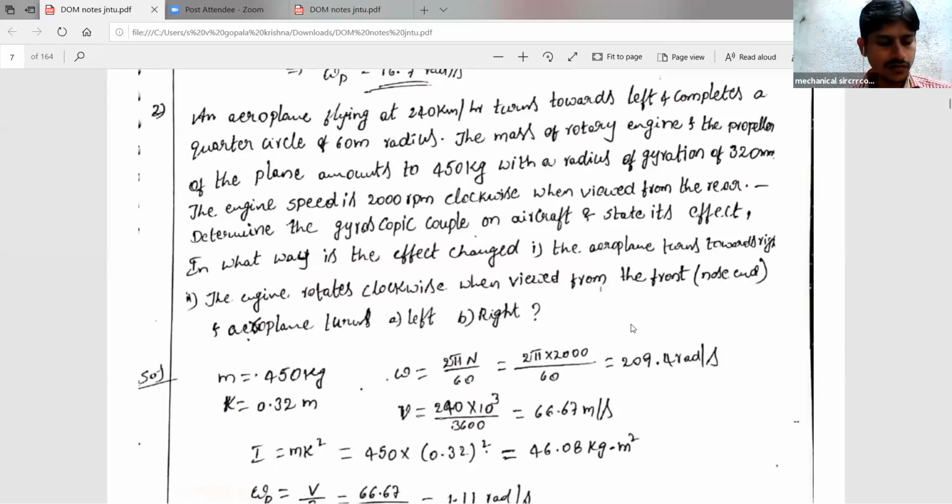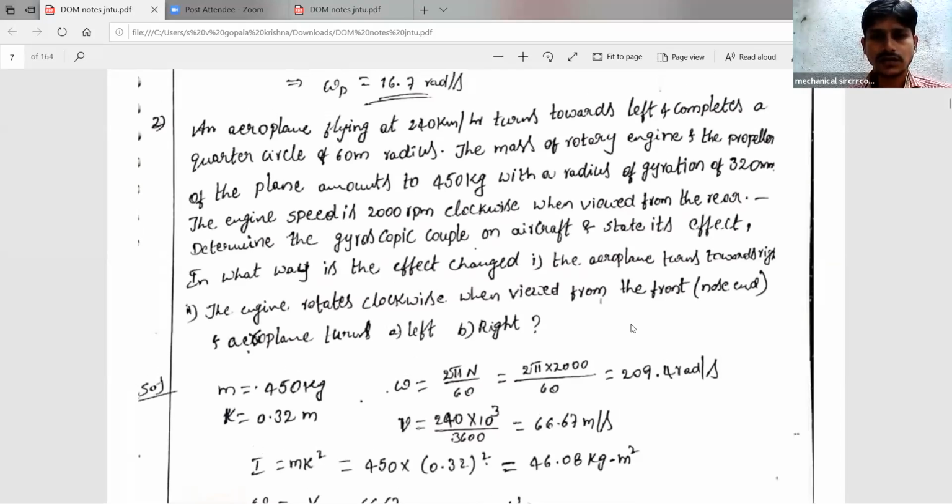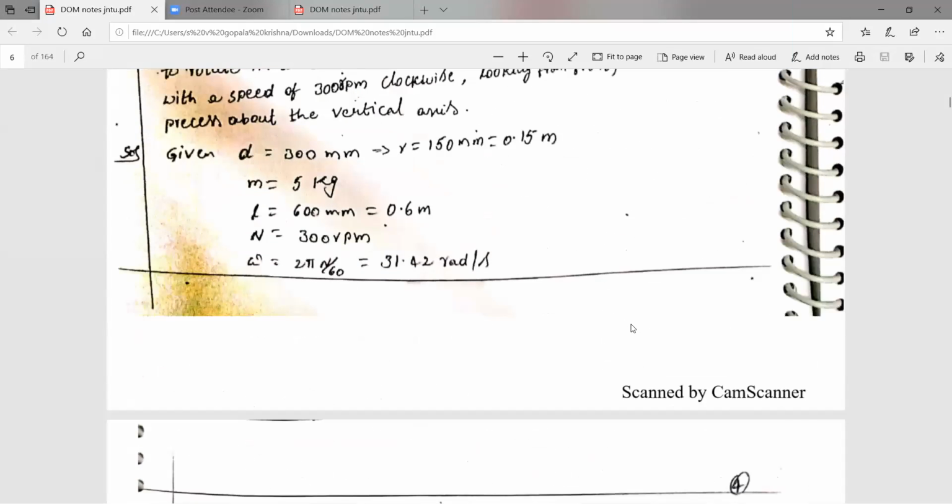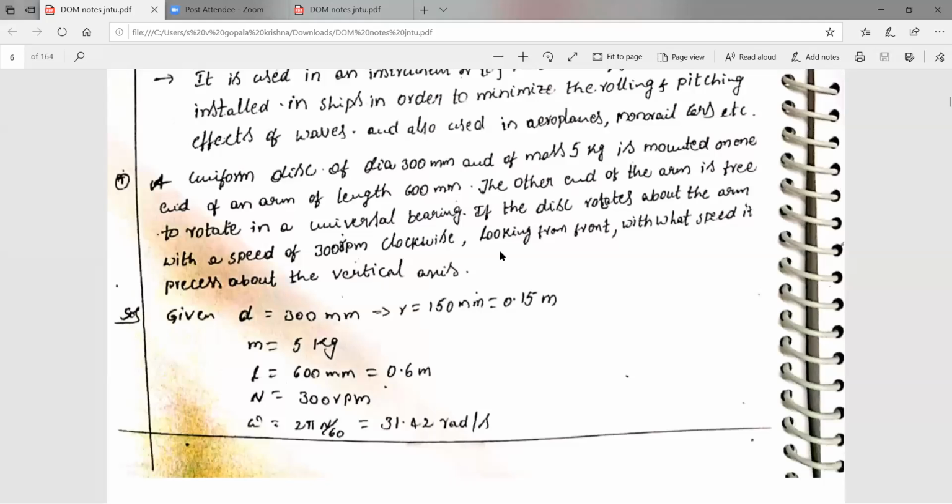Okay, now we are going to discuss another problem. Simple problem. All of you observe the screen. A uniform disc of diameter 300 mm and mass 5 kg is mounted on one end of an arm of length 600 mm.